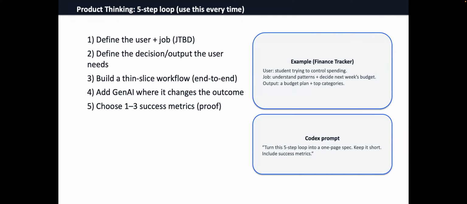So if you think about the financial tracker as the example, previously the generation one of the app design was really simple. My users are the students. I only want the students to try to control their spendings and keep track of all the spendings they have, right? So my job is to understand the patterns and also decide next week's budget, which is really straightforward, which means the output will be a budget plan.